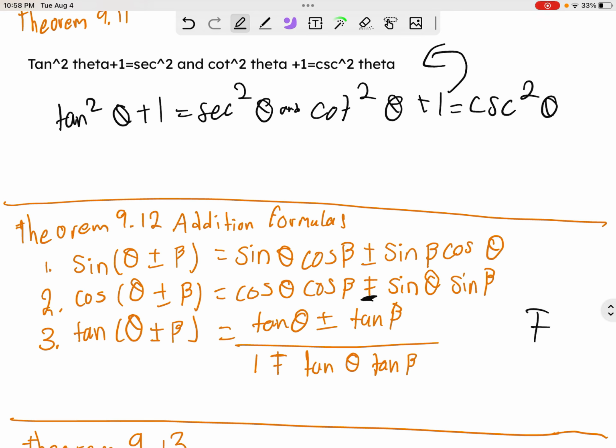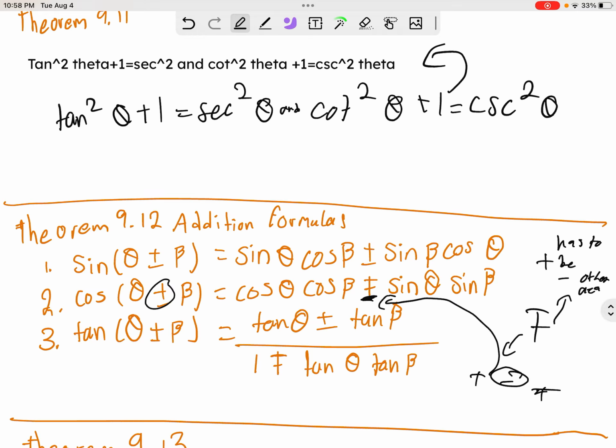If it's plus over here, then that means it has to be minus over here. It cannot be plus again, okay? This means that if there's plus in one area, it has to be minus in the other area.